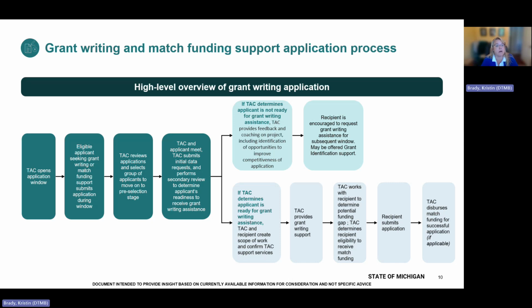Okay, so this is the flow of how the grant writing and match funding support application process looks, a high-level overview. We open a window for application, and the eligible applicant submits an application in the portal during the window period. Then we will review the applications and select a group of applicants to move on to the pre-selection stage.